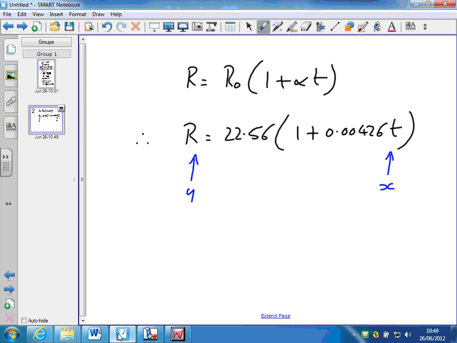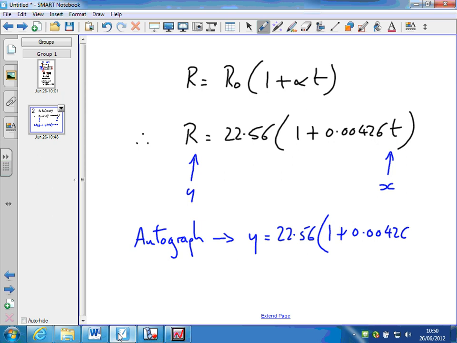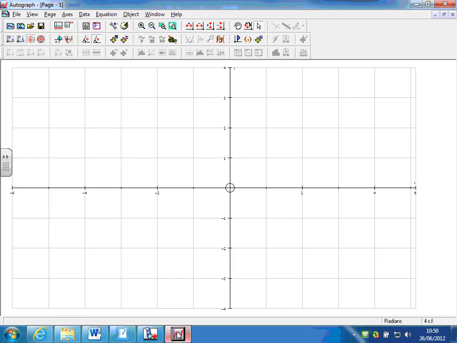Autograph only recognizes y and x as variables, so what we're going to type into Autograph is y equals 22.56(1 + 0.00426x). So let's type that into Autograph.